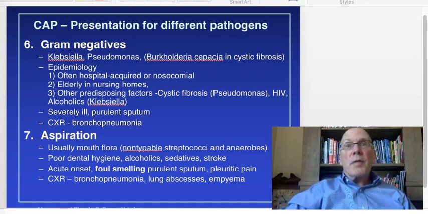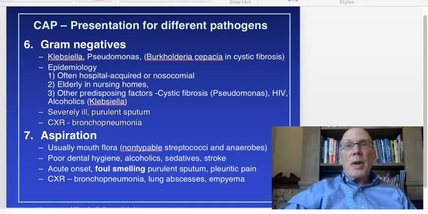Other predisposing factors include cystic fibrosis, and in addition to Burkholderia and Staph aureus, these patients are commonly infected with Pseudomonas. HIV patients also have a higher incidence of gram-negative pneumonia, as do alcoholics, who have a higher risk for Klebsiella pneumoniae. These infections come on acutely and patients are severely ill. They usually have purulent sputum production and chest x-ray shows bronchopneumonia.